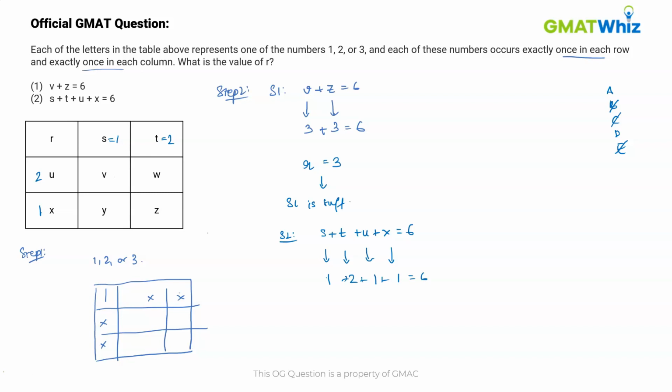So the only option for R is to be 3. Using statement 2 also, we can conclude that R is equal to 3. Statement 2 is sufficient. So the correct answer is option D.